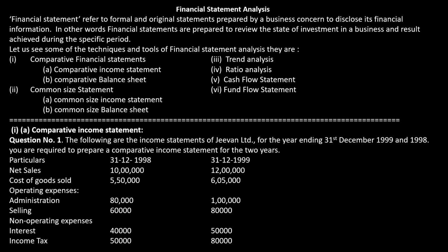Under the heading operating expenses, we have 2 items: administrative expenses and selling expenses. The non-operating expenses heading has interest and income tax. So this is all about the sum. Let us see the answer for this sum now, on the next slide.